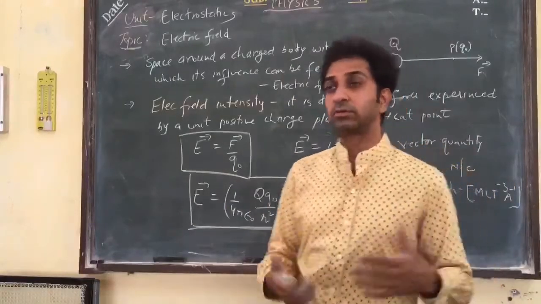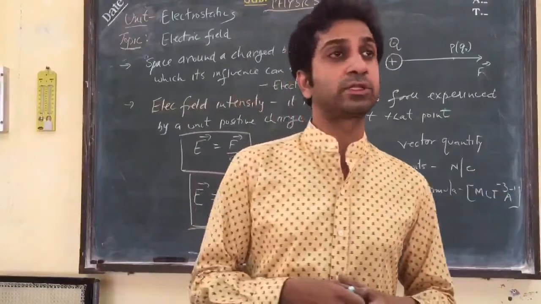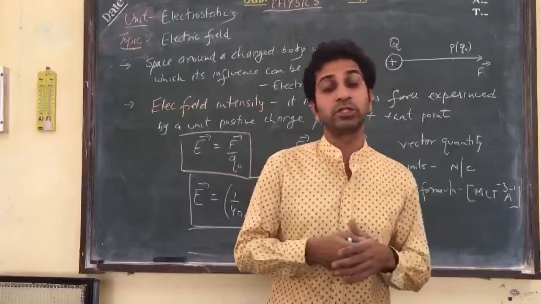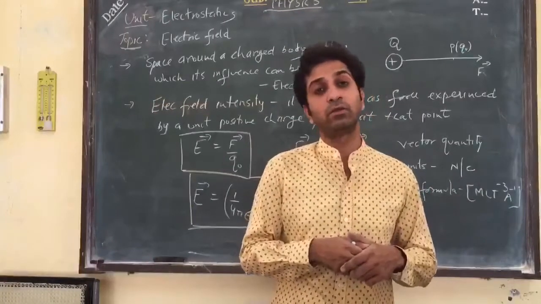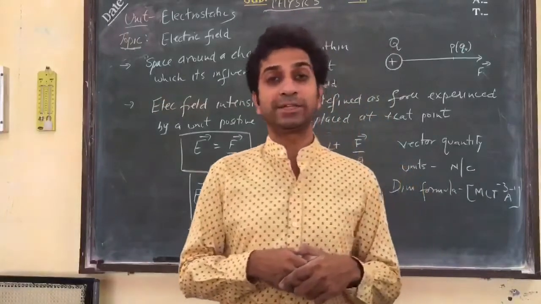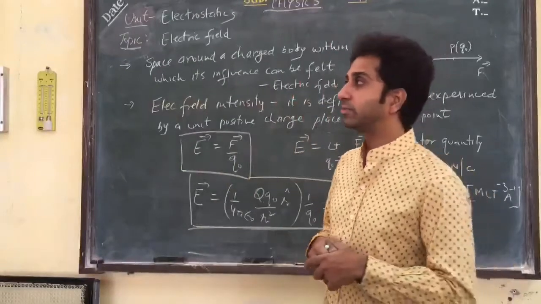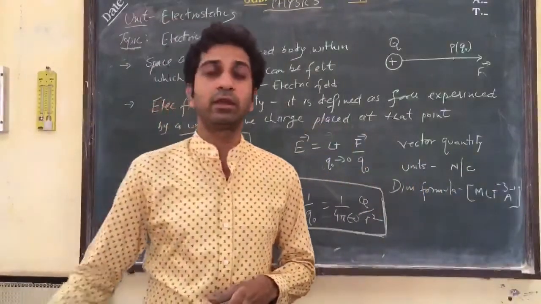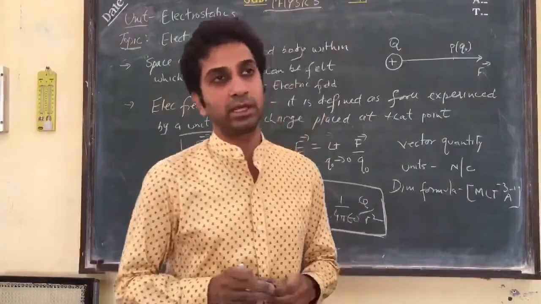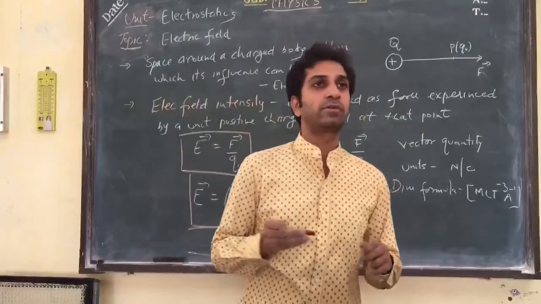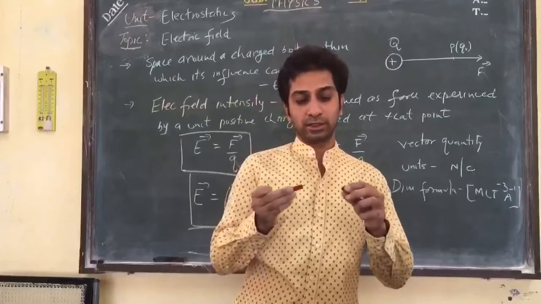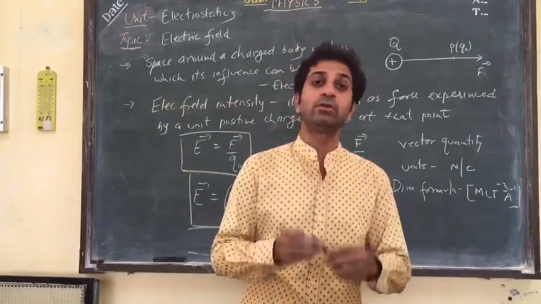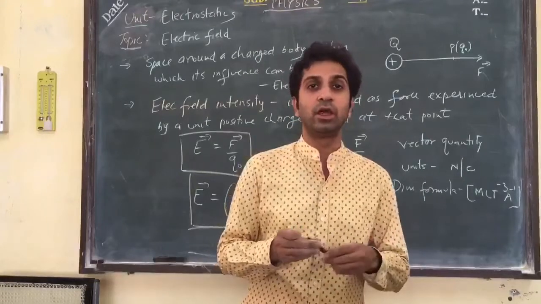Now we are continuing with the next topic, which also depends upon the expressions of the forces given by Coulomb. So next is electric field. I will define electric field in simple words. If I take some magnets, for example, when you bring two magnets physically in contact, then only do you feel the attraction or repulsion.